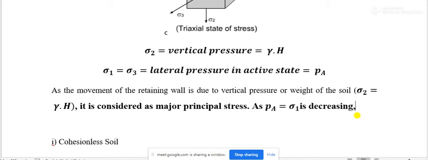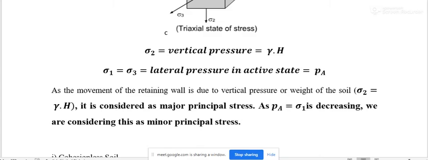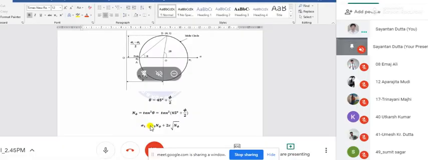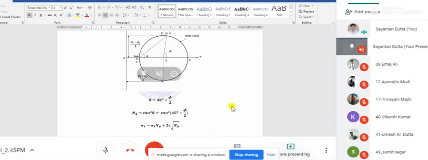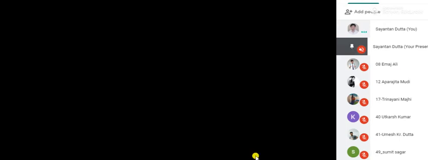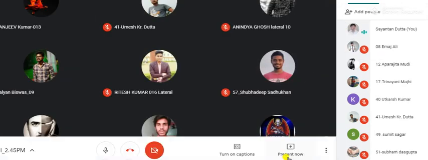Decreasing, we are considering these as minor principal stress, and by this equation. Okay, I'm coming to the previous presentation.